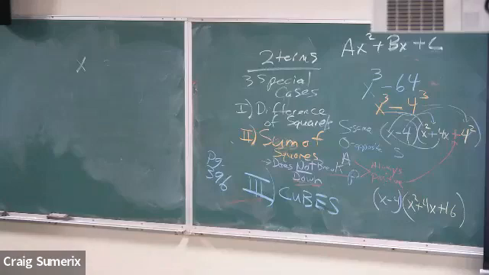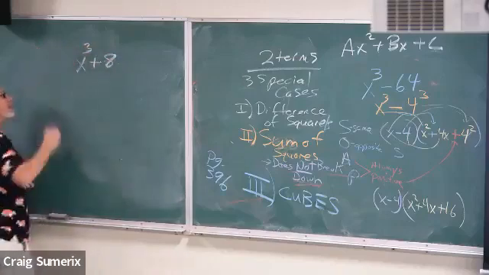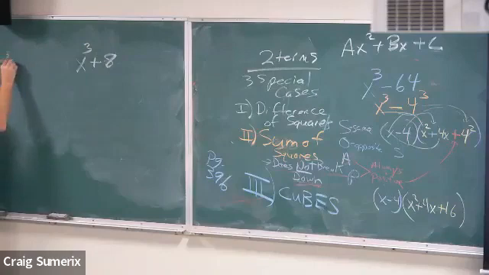We used it already. 3. I don't like 3. How about 8? Is 8 a cube? Yes, it is. 2 cubed is 2 times 2 times 2, which is 8.